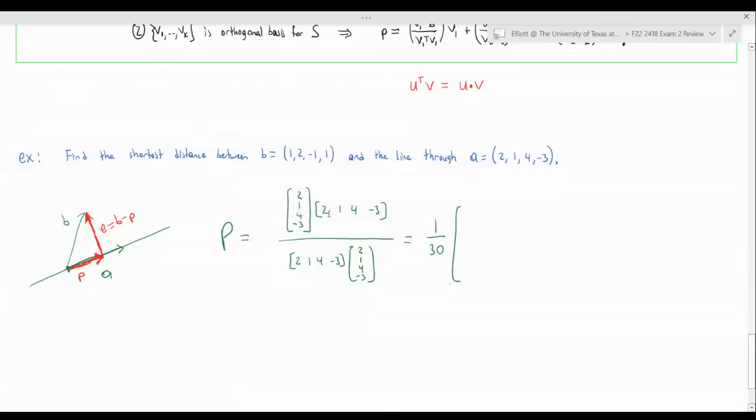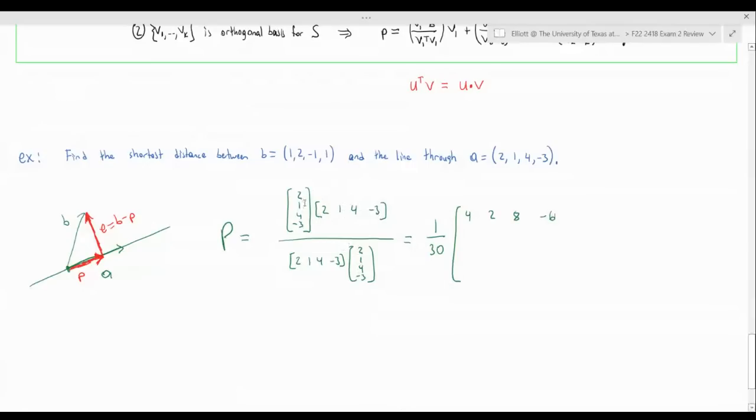This product is going to give us a 4 by 4 matrix. So we have 2 times 2 is 4, 2 times 1 is 2, 2 times 4 is 8, and 2 times negative 3 is negative 6.